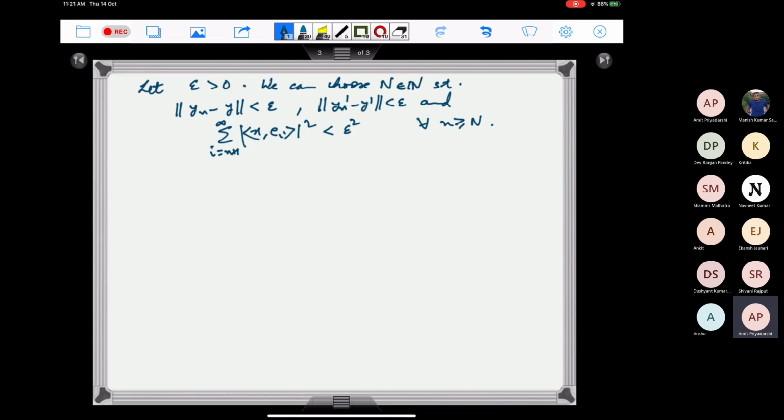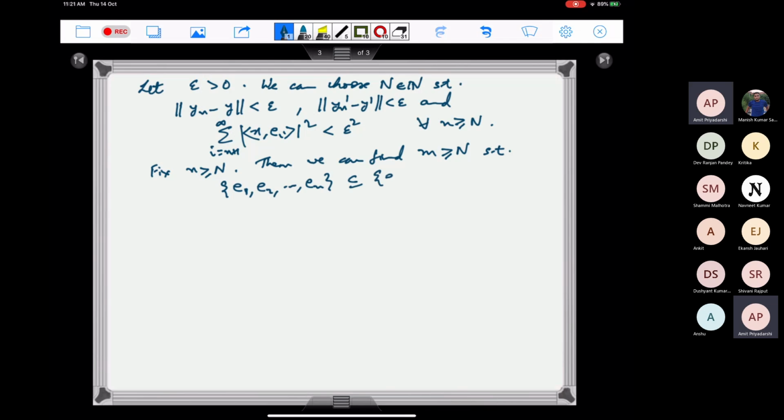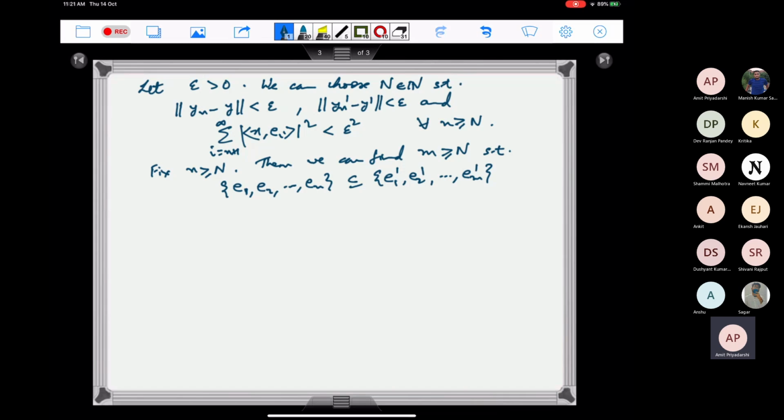So now if we have any n bigger than or equal to capital N, let's fix n bigger than or equal to capital N, then we can find m bigger than or equal to capital N such that E1, E2, up to En is contained inside E1 dash, E2 dash, up to Em dash.